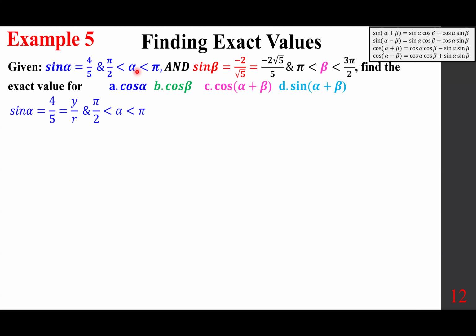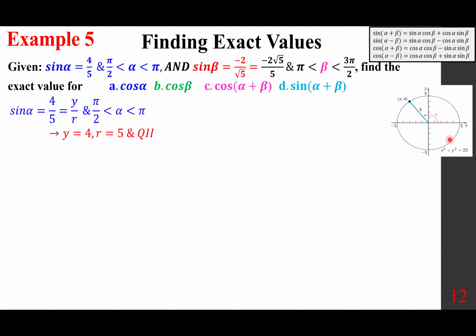In quadrant 2, Y is positive. Of course, R is always positive. R is 5, Y is positive, but X becomes negative. So Y is 4, R is 5. We are dealing with quadrant 2. We are dealing with this shape. X comma Y, R, this is 5.